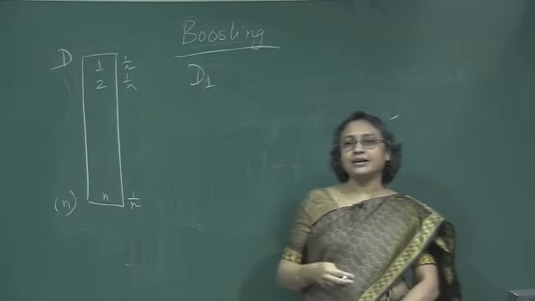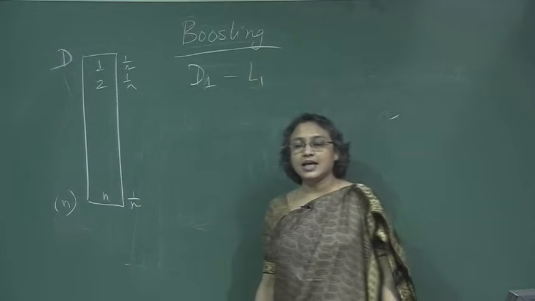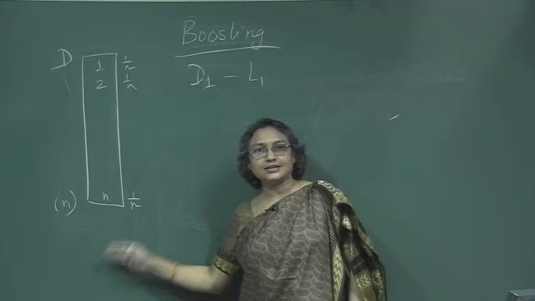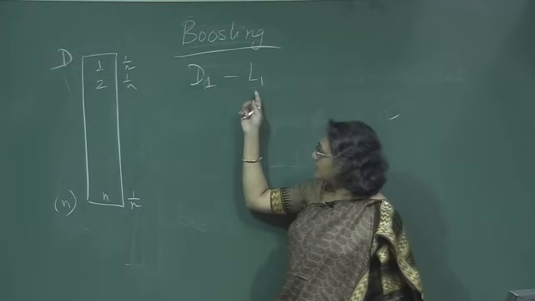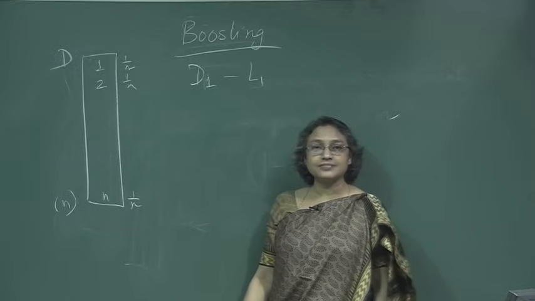Now, on D1, you train a learner L1, right? And this learner you apply to all these instances. Now, this learner may have 100% accuracy on these instances.